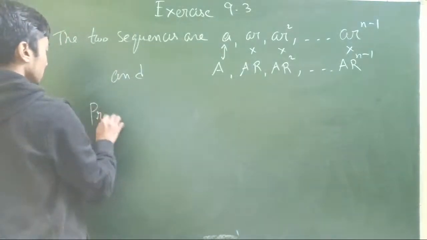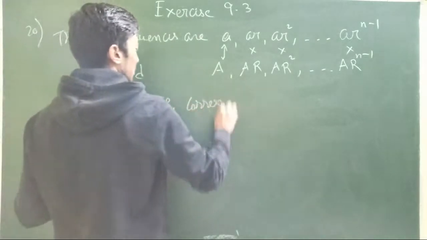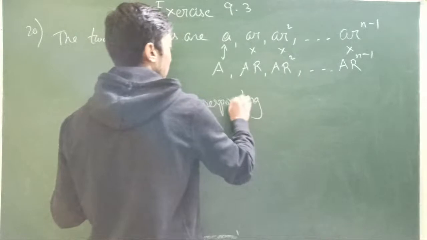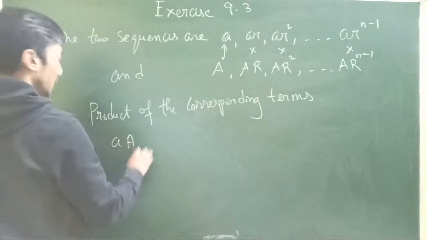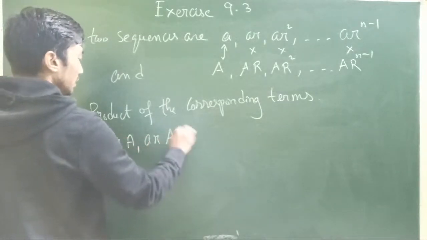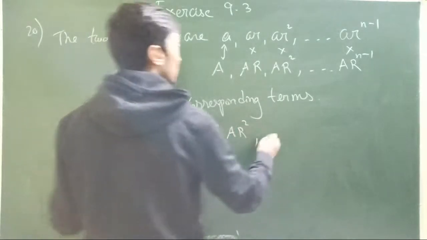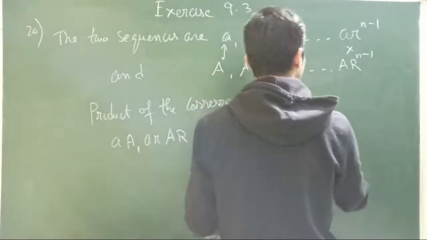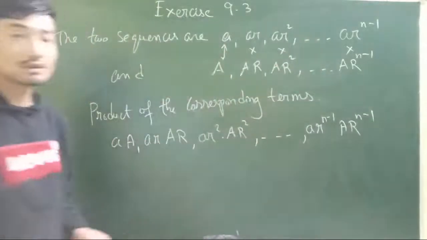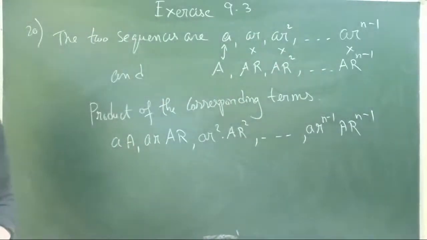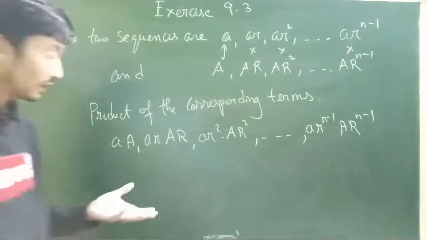Product of the corresponding terms: A, AR, AR square, ... AR n minus 1, AR n minus 1. Okay, this is the product of the corresponding terms. Now the question is, prove that they form a GP and also find the common ratio.